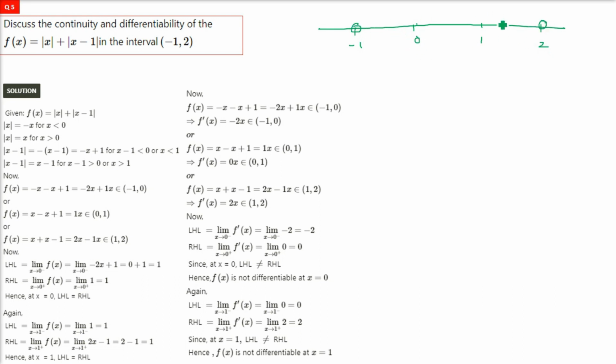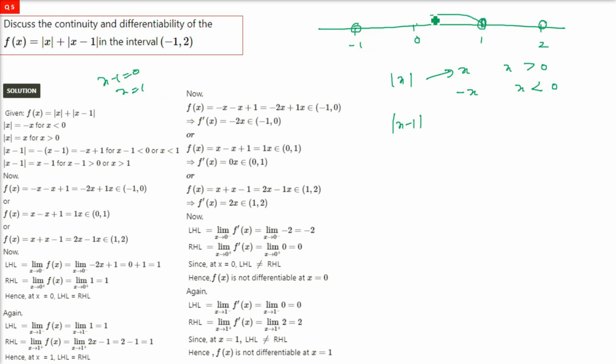0 and 1 is important because it is between minus 1 and 2, and at 0 and 1 the function changes. So mod x is x when x is greater than 0. It is going to be negative x when x is less than 0. That we already know. What is mod x minus 1? See, x minus 1 equals 0, so x equals 1.